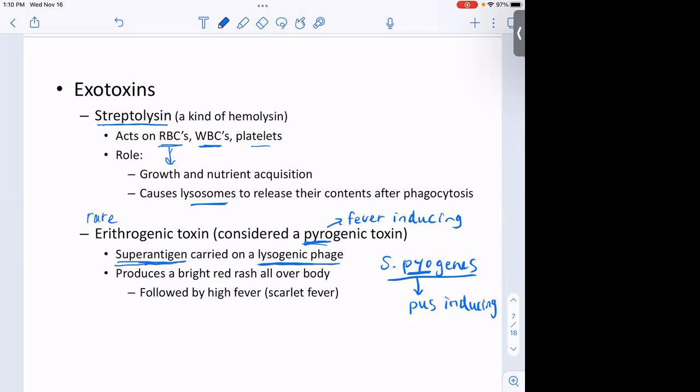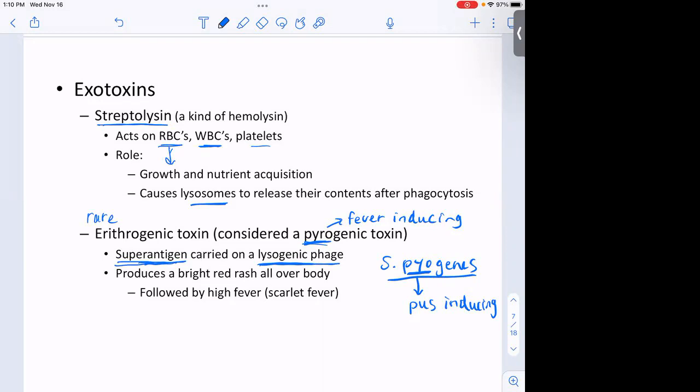So if you remember, some bacteriophage can actually carry a gene from another cell in its virus and then actually change the phenotype of the new cell that it infects. Okay, that we call lysogenic conversion.